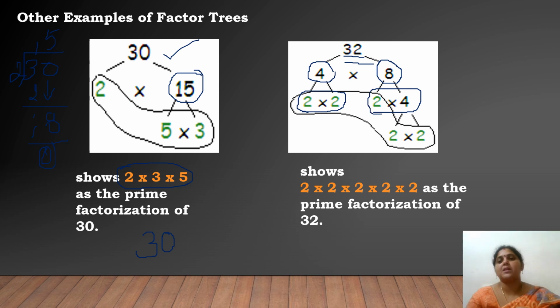If you observe here, 2 is our prime number. We must find prime numbers for 4. For finding prime numbers for 4, again multiply the smallest prime number, that is 2 into 2.